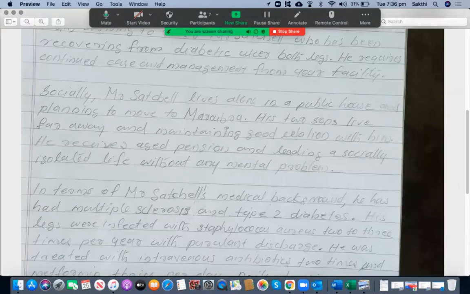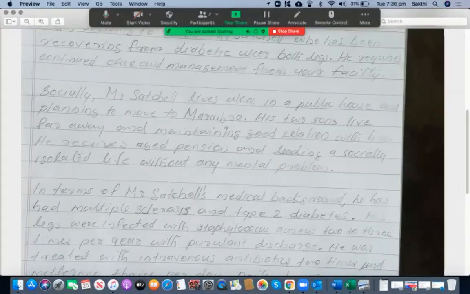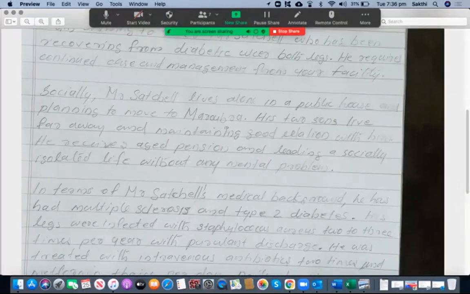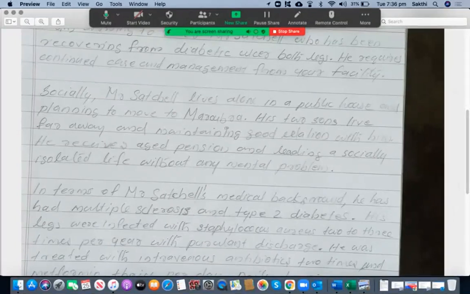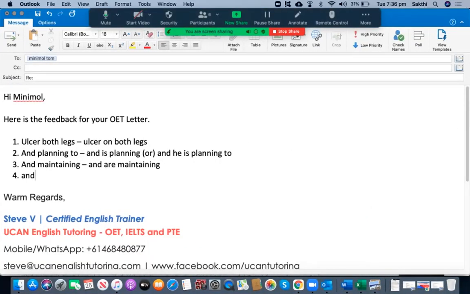All right, let's go to the next one. He receives aged pension and leading, no, and is leading a socially isolated life without any mental problems. So "and leading" again, it should be "and is leading."